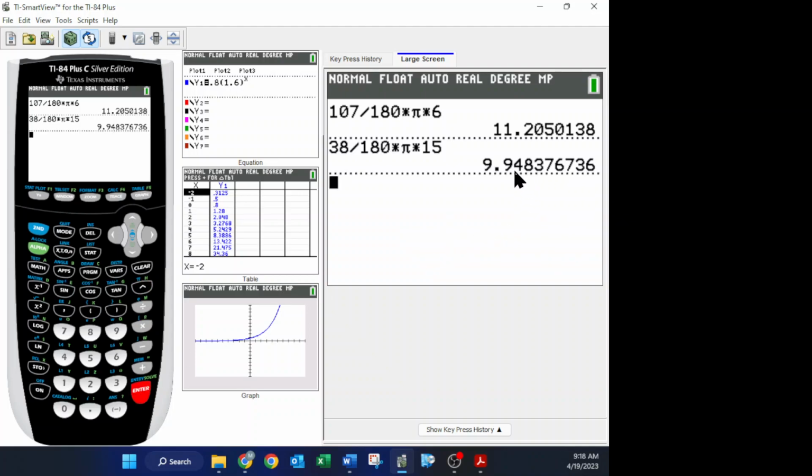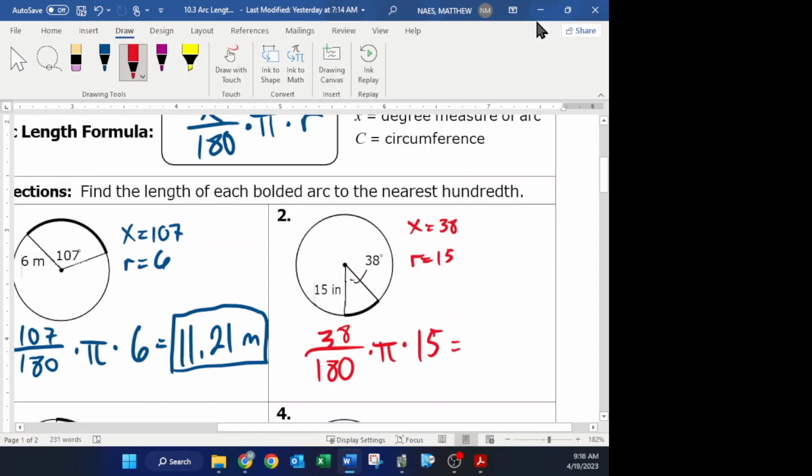So rounding that to hundredths place, 9.95. You don't round that up anymore afterwards, because hundredths place, that's that. Now, if you're rounding to the tenths, you could. If you're rounding to the tenths, that would give you 10. The hundredths place is that.